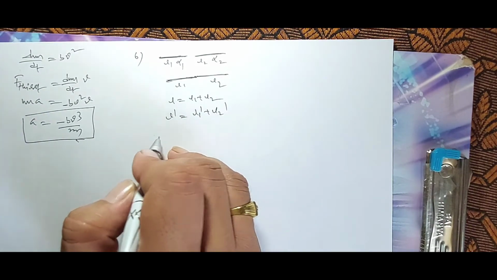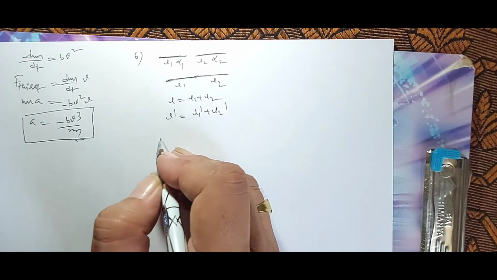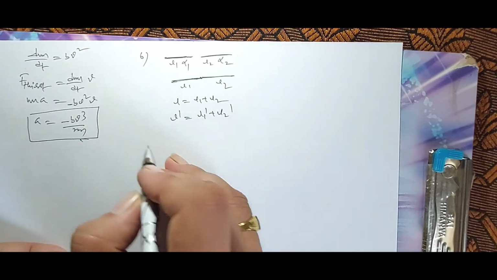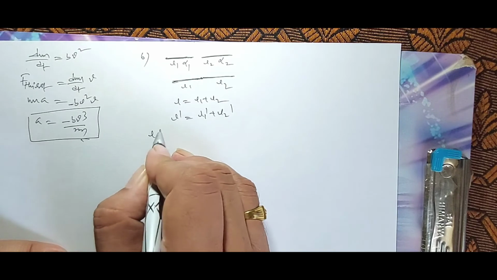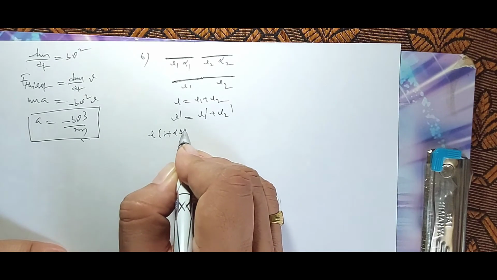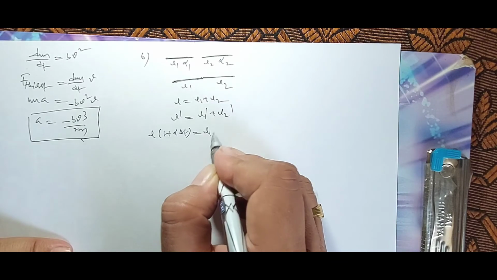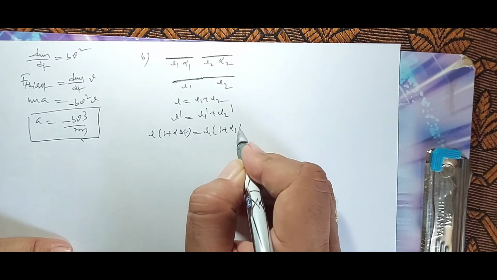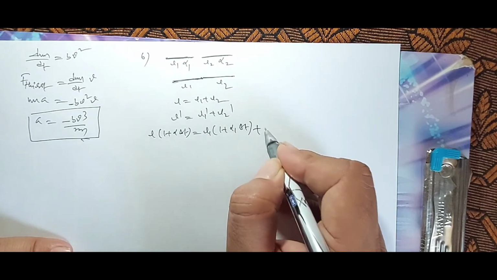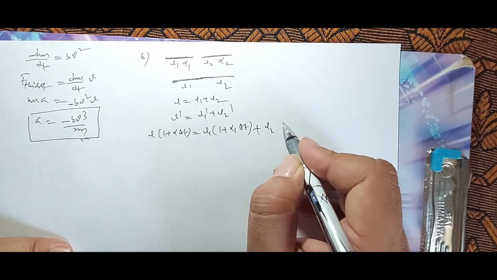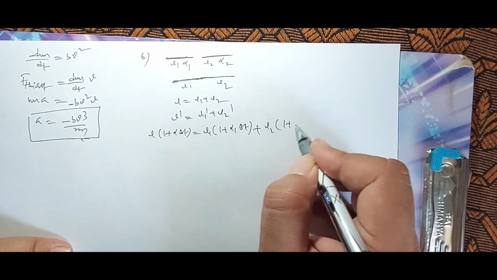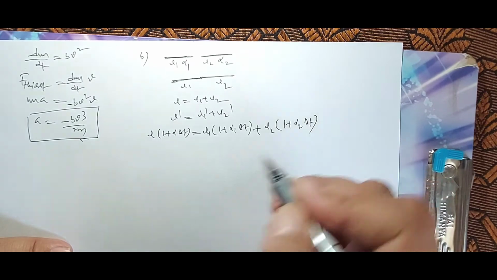So L dash is equal to L into 1 plus alpha delta t, which equals L1 into 1 plus alpha 1 delta t plus L2 into 1 plus alpha 2 delta t.